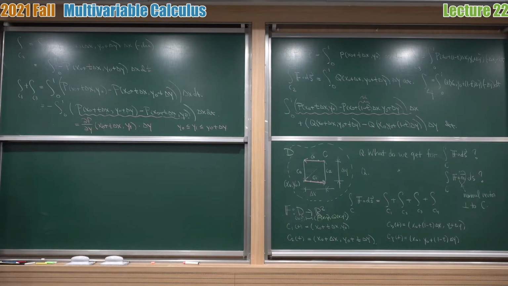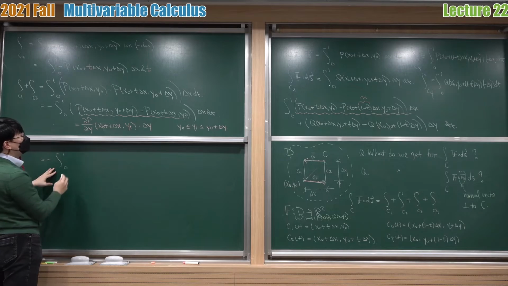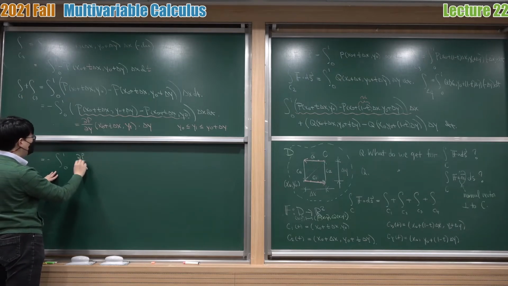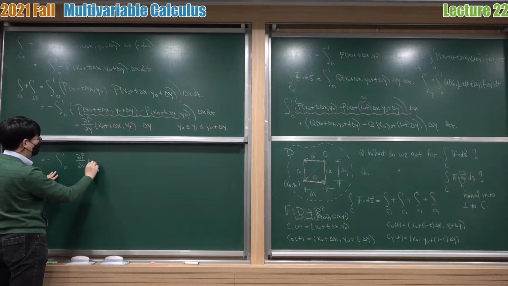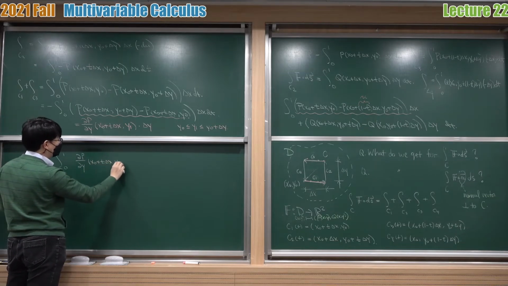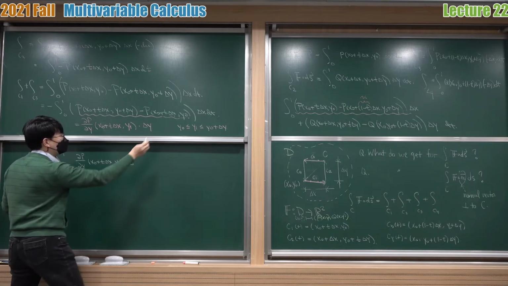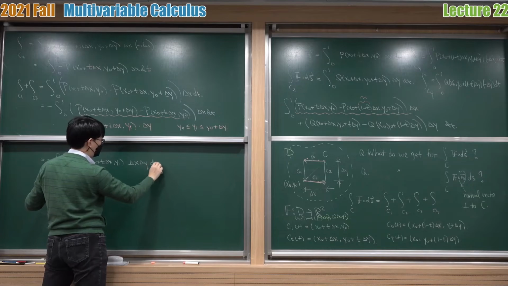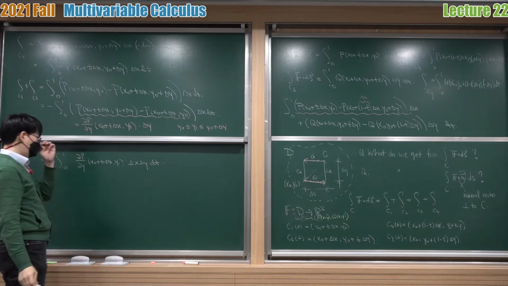Let's finish our calculation. So this becomes the integral from 0 to 1 of partial p by partial y at x0 plus t delta x, y1, times delta x and delta y dt.